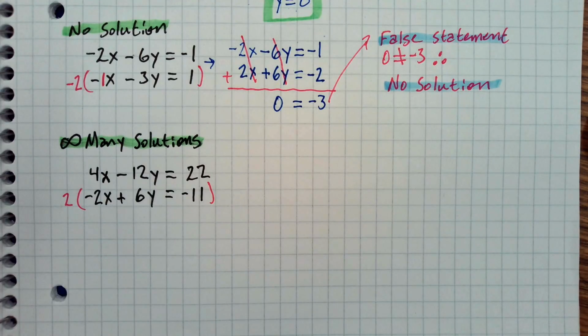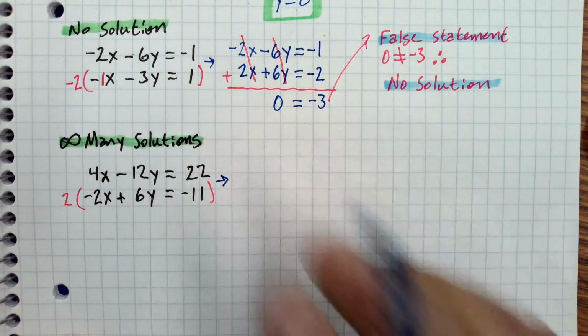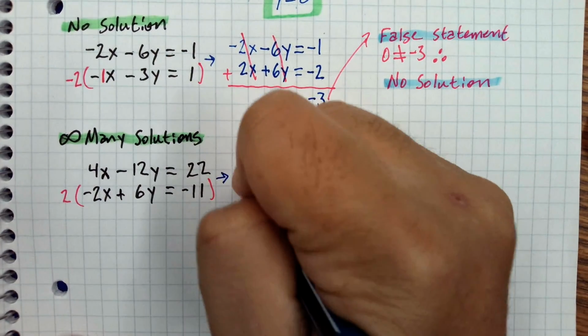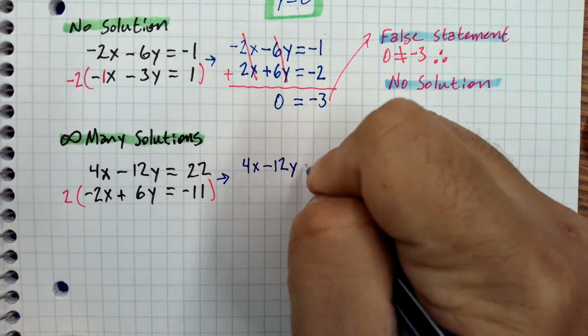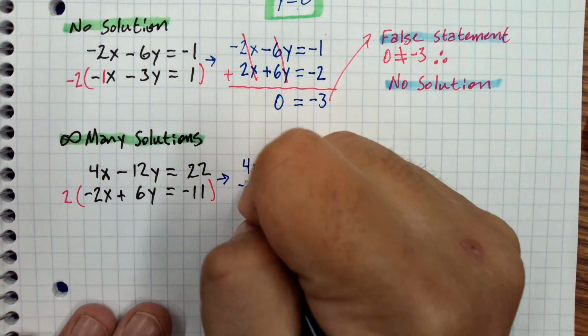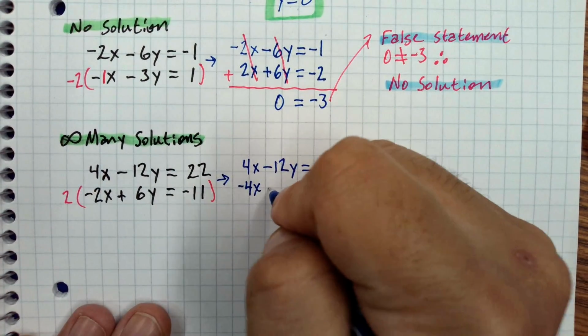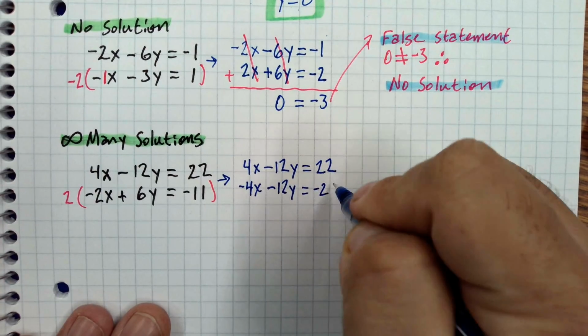And I'm going to try to eliminate. And so let's do that. So again, the top one stays the same. 4x minus 12y equals 22. Then we got negative 4x minus 12y equals negative 22.